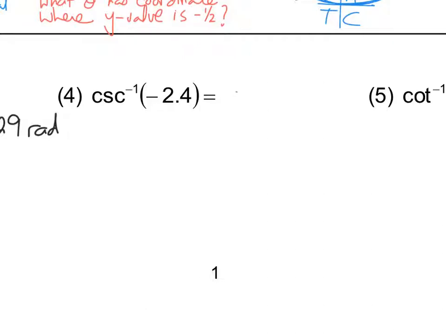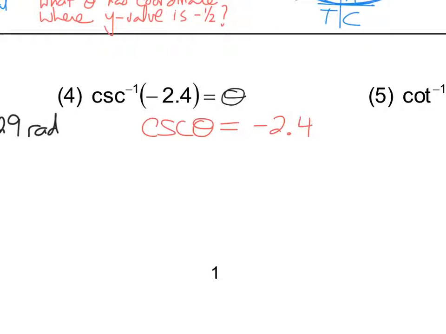If I took the cosecant of both sides to get rid of that inverse, I would have cosecant of theta is equal to negative 2.4. Take the cosecant of both sides: left-hand side becomes negative 2.4, right-hand side becomes just cosecant of theta. I just prefer to write it this way.